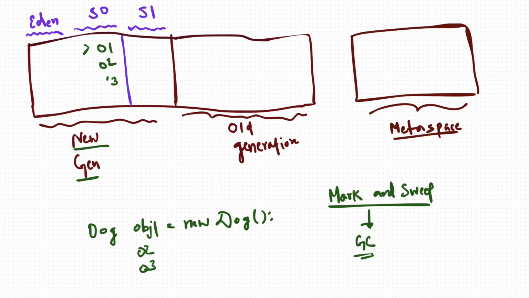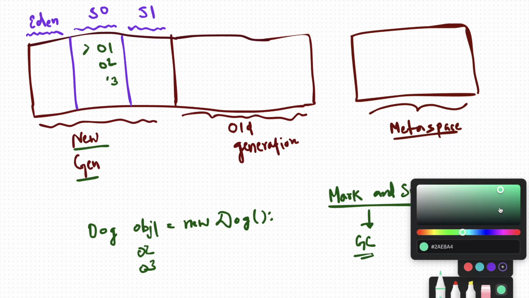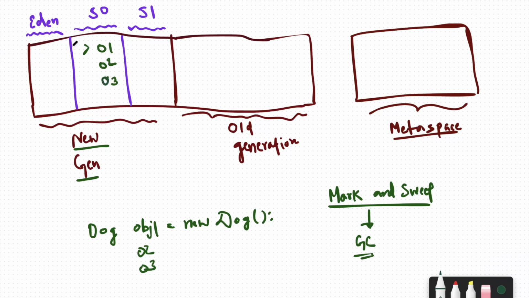Alright, and this is now free. So O1, O2, O3 come here, and this space got free, and now new objects can be created over here.